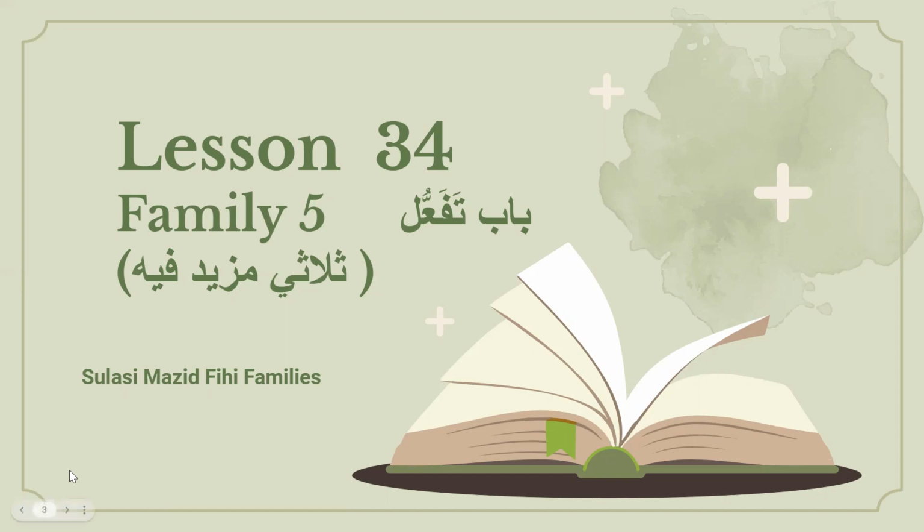There are 2 names for every family, and the 2 names come either from the past tense, the Huwa version, or the Masdar. So in this name, Bab Tafa'ul, this name is coming because Tafa'ulun is the Masdar of this family, family 5.